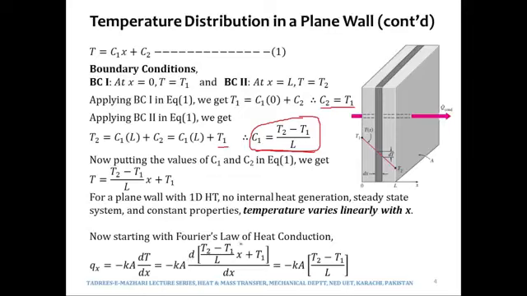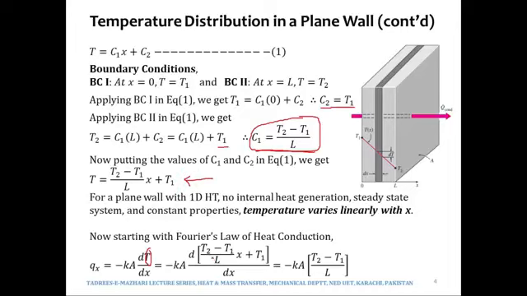Now starting with Fourier's law of heat conduction, which says Q is minus kA dT by dx. So minus kA d by dx of temperature. So we need to differentiate temperature with respect to x. If we want to differentiate y with respect to x, we need y as a function of x. So we need to have temperature as a function of x, and this is that function.